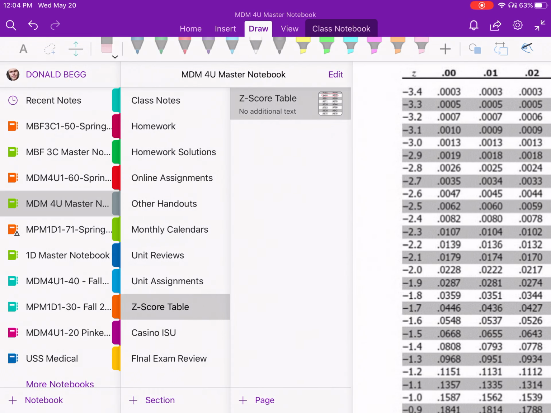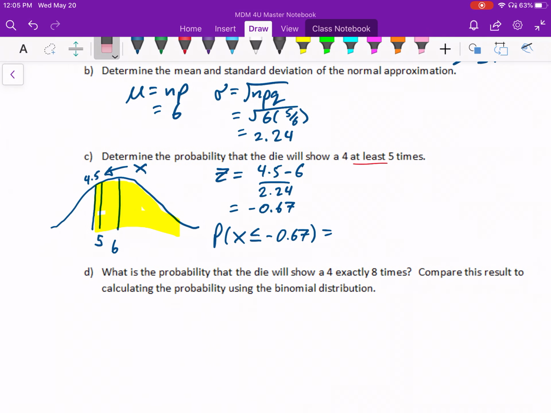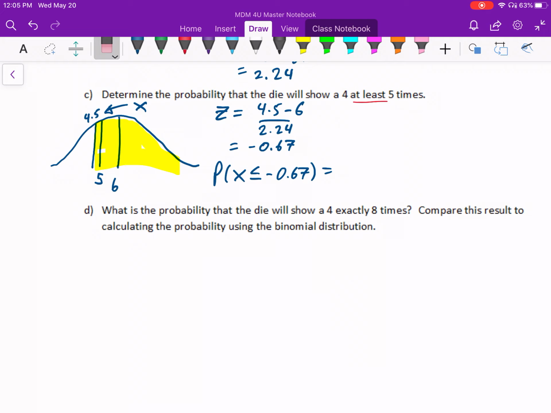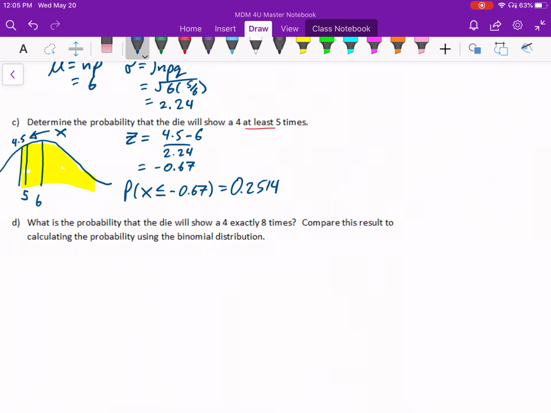That's the probability that x is less than or equal to 4.5. But we don't want less than. We want greater than. What we're actually looking for is the probability that x is greater than 4.5. So that's going to equal 1 minus the probability that x is less than or equal to 4.5.